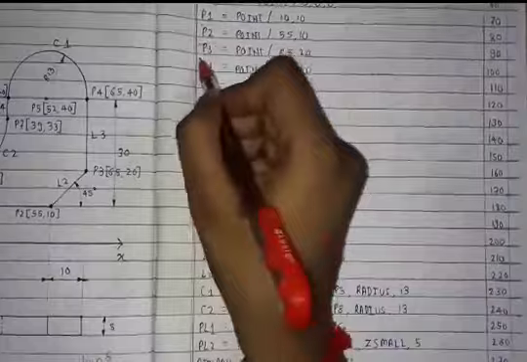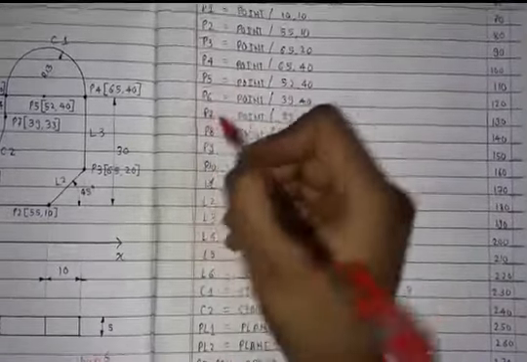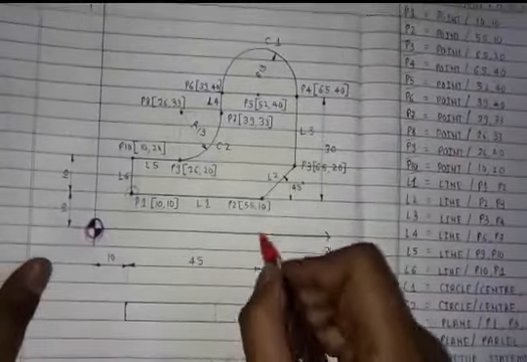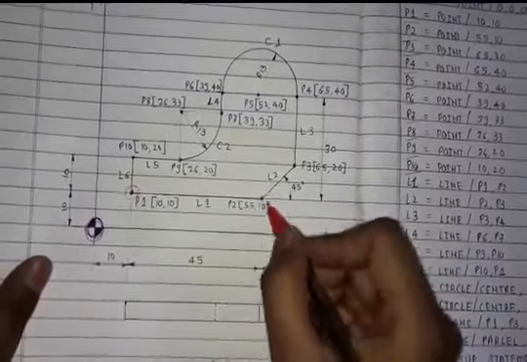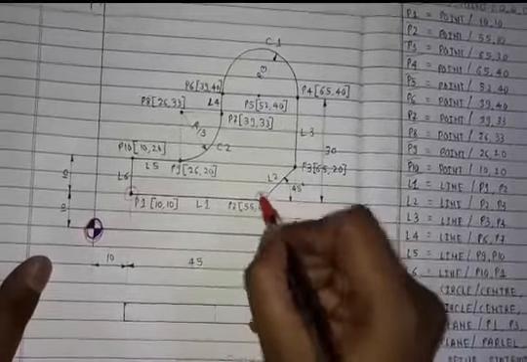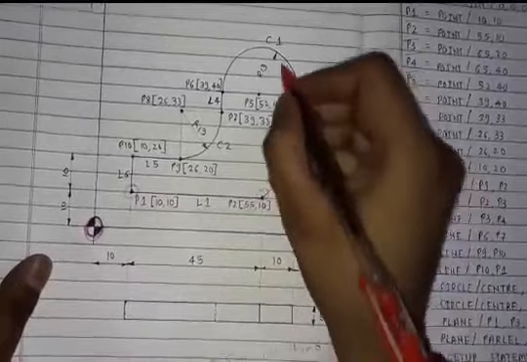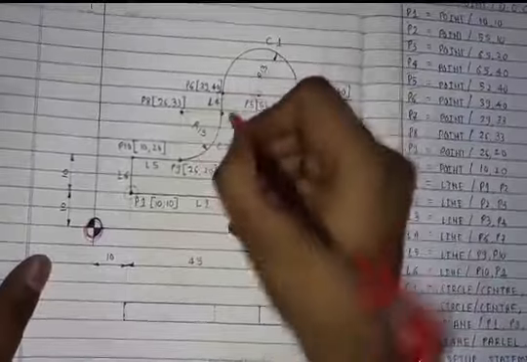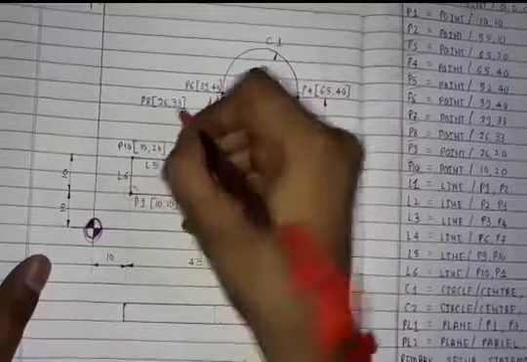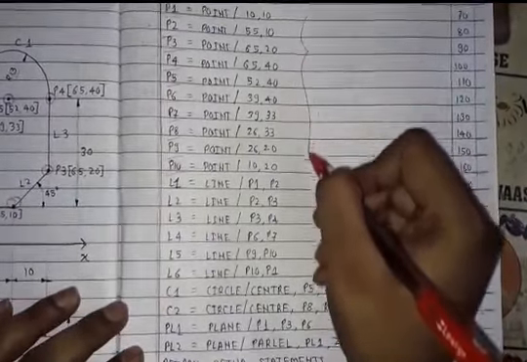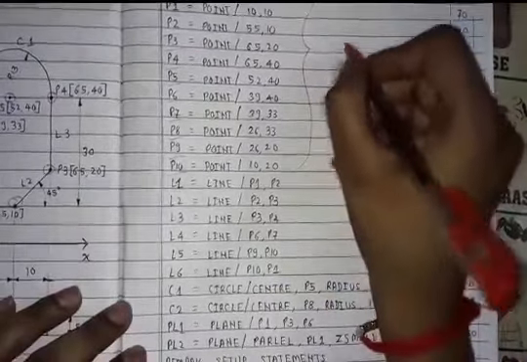Similarly, point 2, point 3, point 4, point 5, point 6, point 7, point 8, point 9, point 10 are specified in the geometry statements. All these statements specify the point positions.